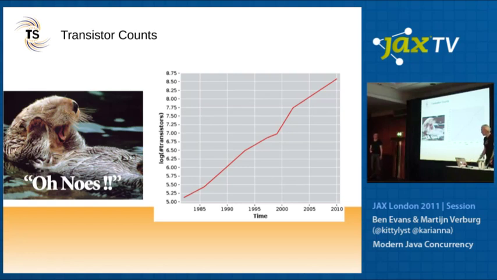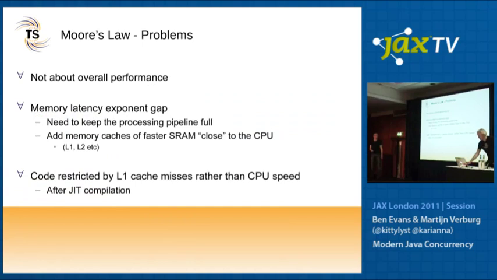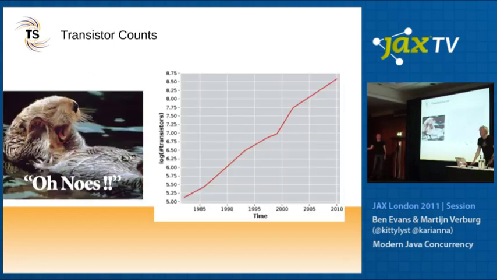And what's actually been happening is, because Moore's law really is only about transistors, you get what you can think of as the memory latency exponent gap. If I flick back to this slide, you can see this is a log linear graph, so this line is straight, and it takes about 6 or 7 years to cross one of these vertical divides.